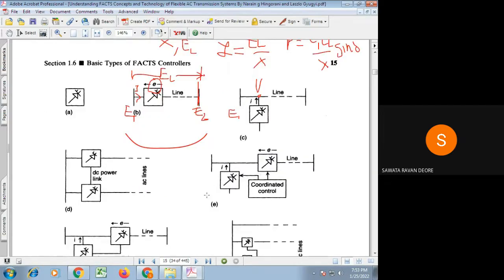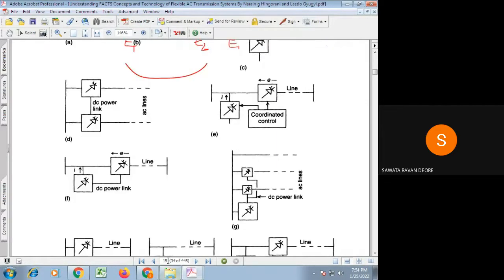As usual, if your objective is to maintain the voltage of the bus, to enhance the power flow, as well as to damp out the power oscillation, so if you want all these objectives achieved, then rather than going with a series or shunt compensator separately, you can use a combined static series and shunt compensator, that is the UPFC.